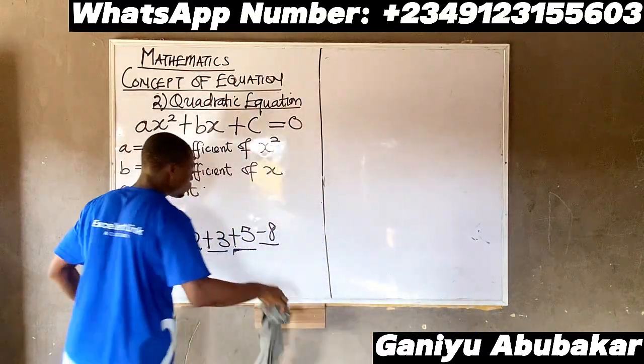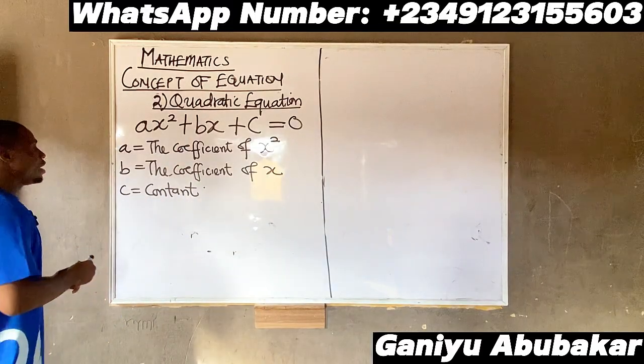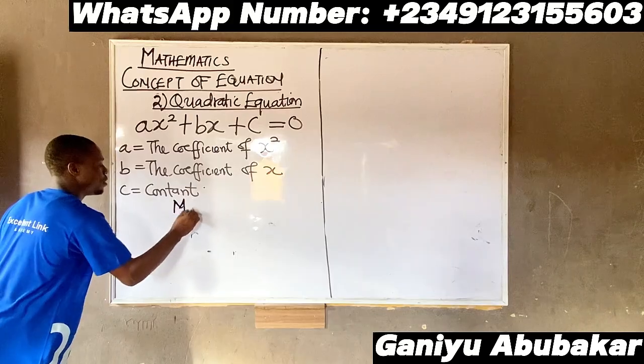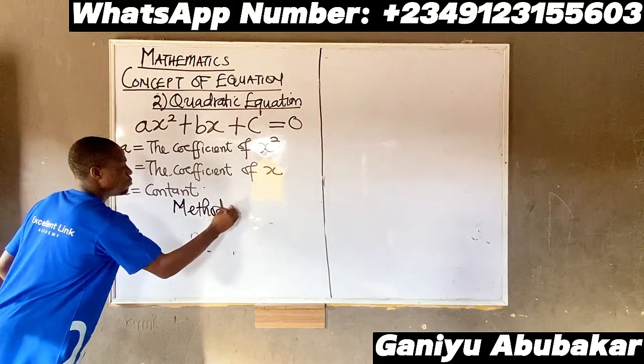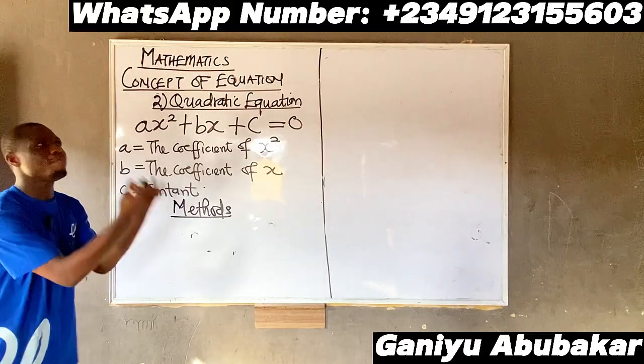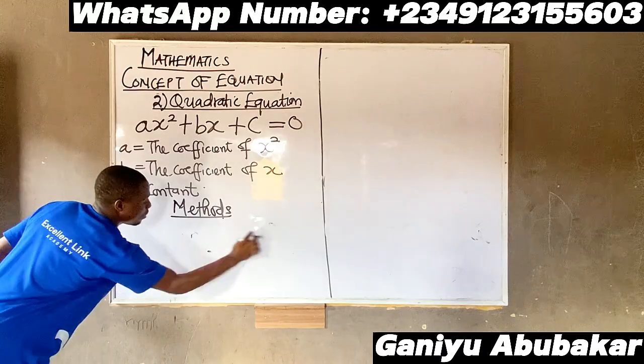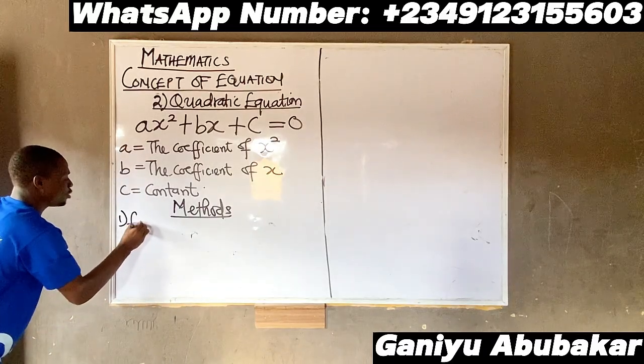Alright. After explaining this concept of a, b, and c, let's look at the methods involved in solving a quadratic equation. There are 4 or 5 of them. Listen up, please. Number 1, we have the factorization method.